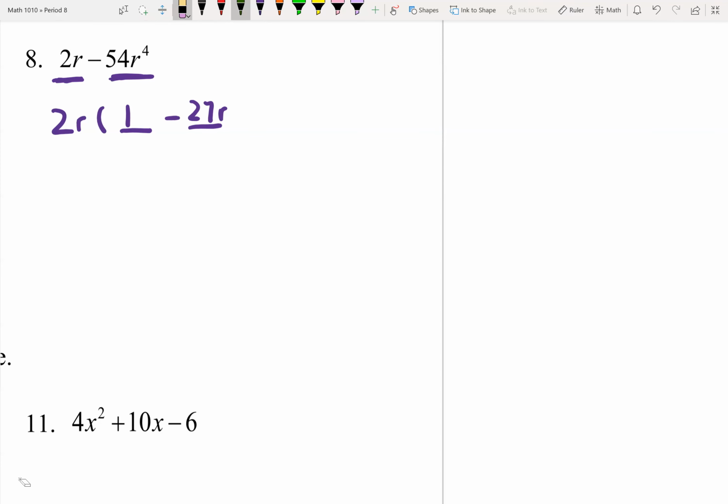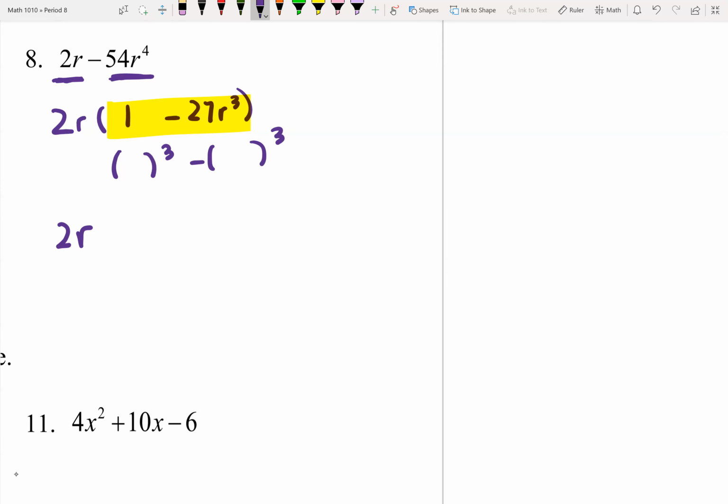Okay. Now, if that's how you answered the question, you would get 1 out of 3 points, because this is now the difference of cubes. So see the 2R, let's write it down here, and we're going to forget about that for a second. And now let's focus on that 1 minus 27R cubed. So write it as something to the third minus something to the third.